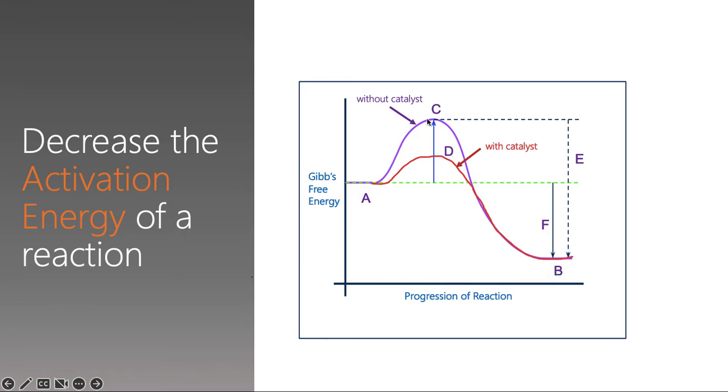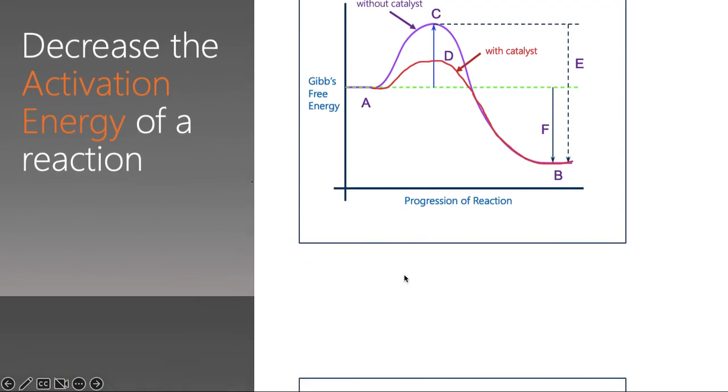By stabilizing that transition state, I can make this reaction happen faster. And so that's the second way a catalyst can help speed up a reaction. One is lowering the activation energy. Two is stabilizing that transition state.